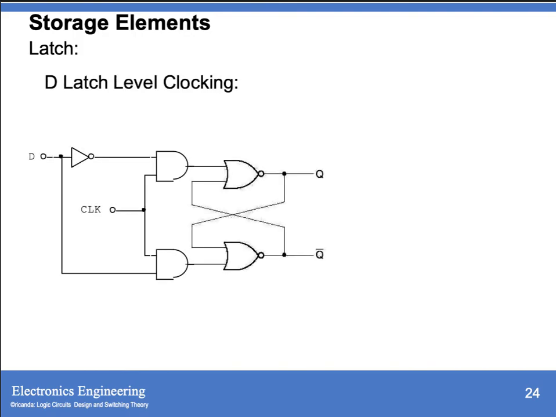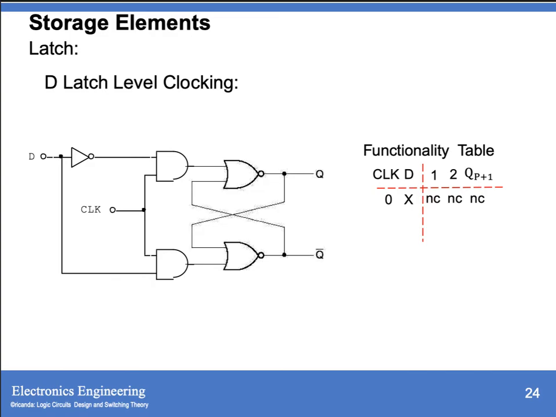So for the level clocking D, we have to connect an AND gate to the input of your NOR. If we have a clock equivalent to 0, then the output of your 2 AND gates will be 0. Since it is 0, that is no change.